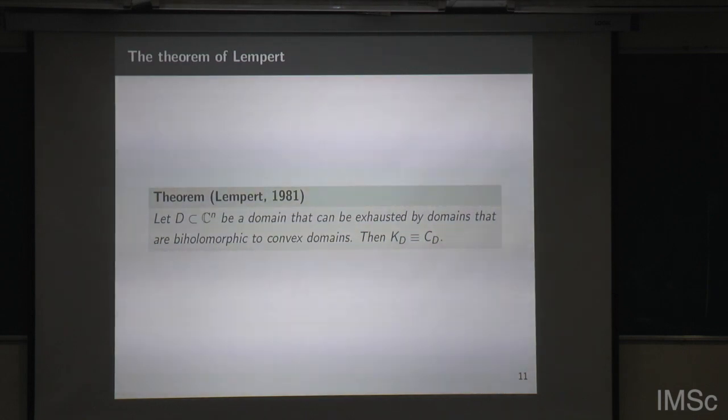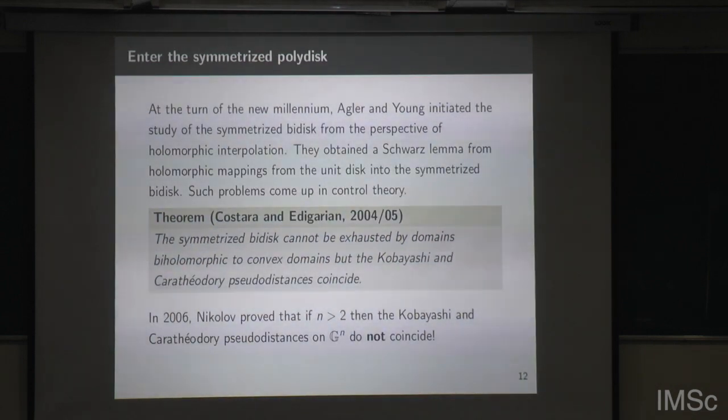The entire theory of complex geodesics was invented just to prove this result. So, the natural question to ask is: is the converse true? If it so happens for a domain that the Kobayashi and the Carathéodory pseudo distance agree, then is it true that the domain can be exhausted by domains biholomorphic to convex domains?